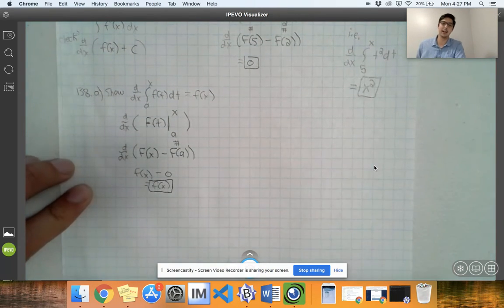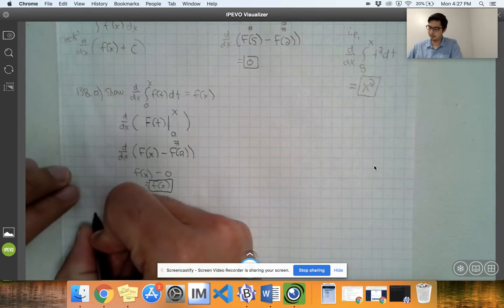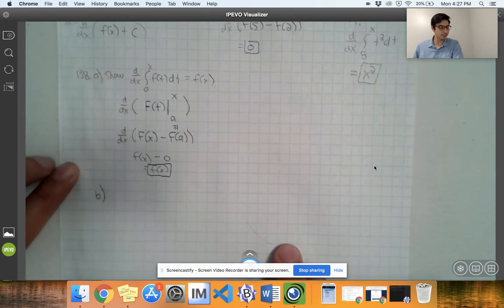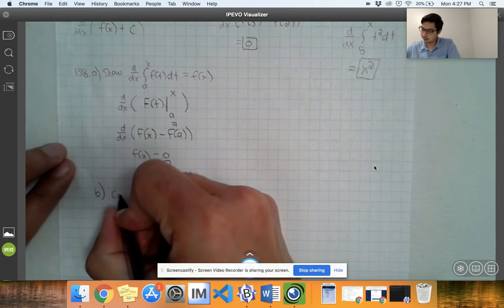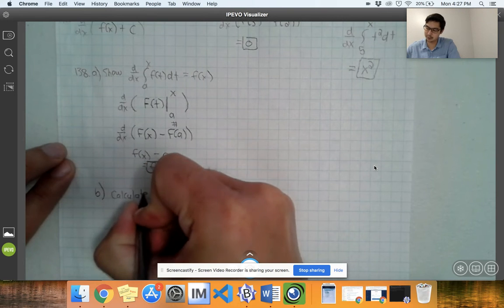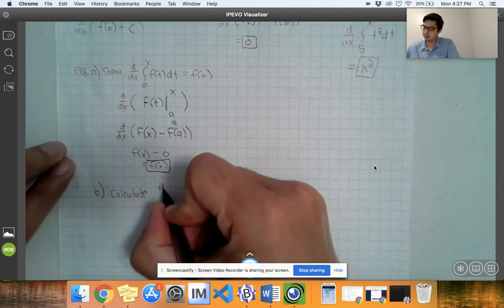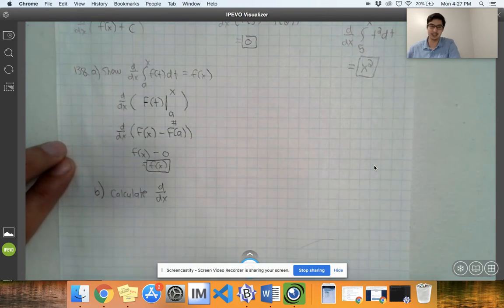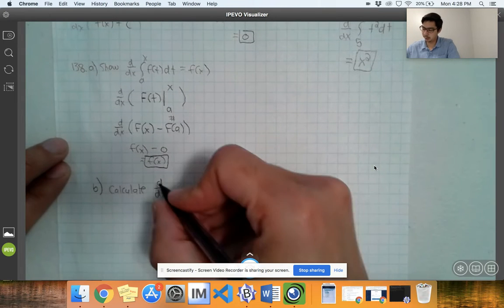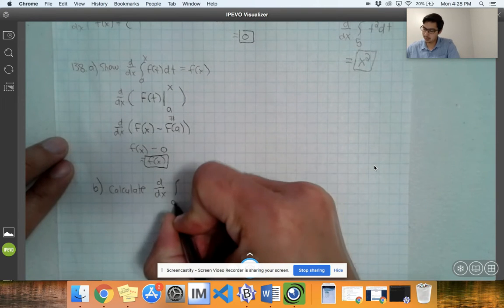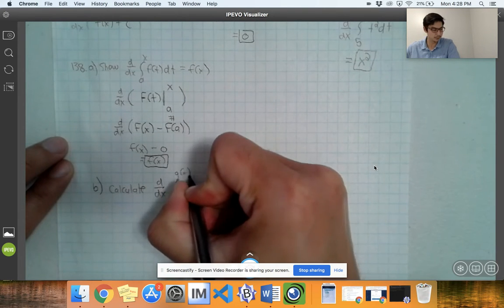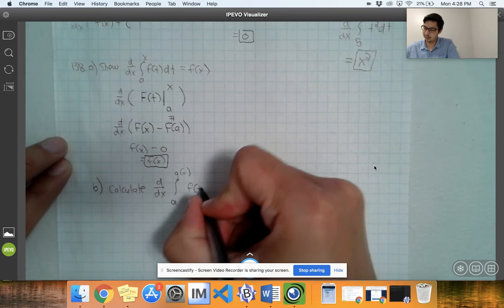And there's part A. Now part B was basically saying calculate, and it was going step by step, having to explain it, but I'm going to do it as a problem holistically as a whole. Calculate the derivative of the integral from a to g of x of a function f of t dt.